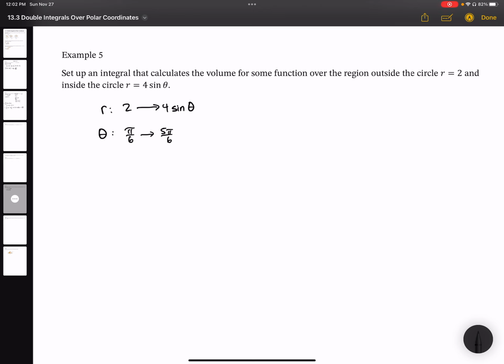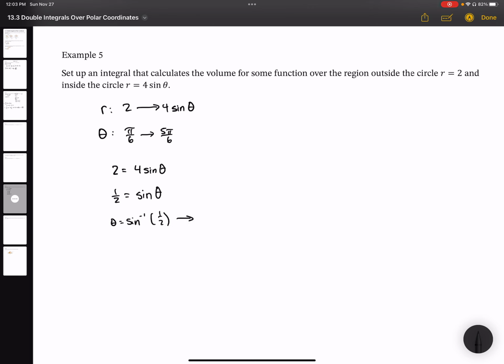Now the theta you can always find, and that's just when the two curves equal each other. So that's going to be when 2 equals 4 sine theta, or 1/2 is equal to sine theta. And we should know that here theta is sine inverse of a half.